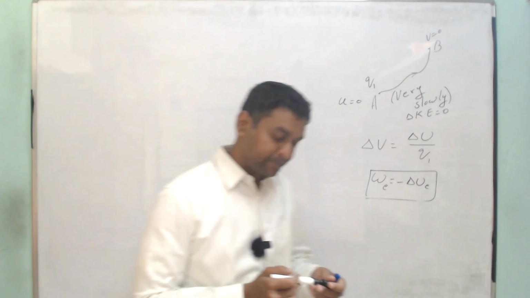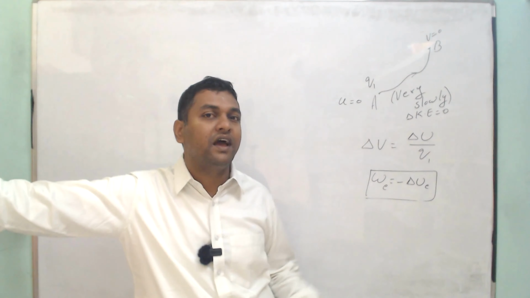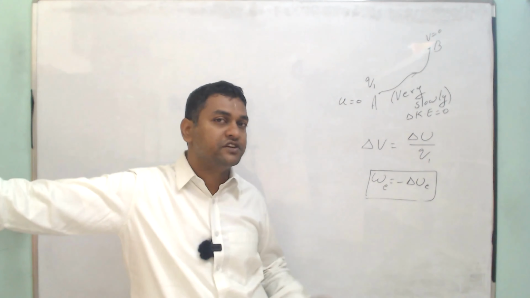The work done by the electrostatic force is equal to the negative of the change in electrostatic potential energy. I told you every force will have a potential energy of itself. Potential energy is not defined for just one particular force. It represents the potential of that particular system, that particular type of force.